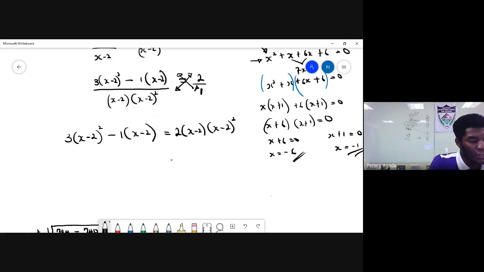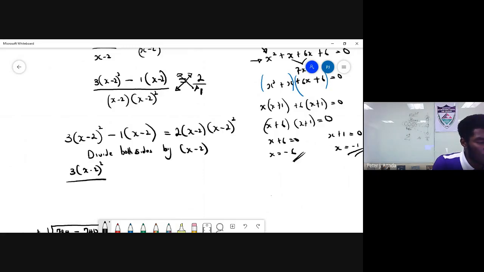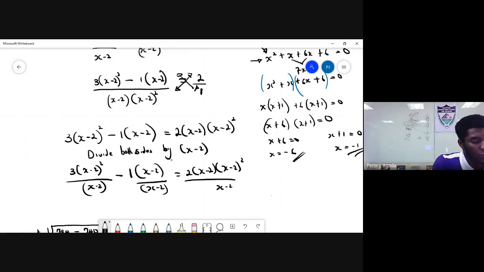Now, as we can see from both sides, we can actually remove something. So what if we divide both sides by x minus 2, which is common to both sides. So that means we can have 3 times x minus 2 squared divided by x minus 2, minus 1 times x minus 2 divided by x minus 2, and our right side x minus 2 squared divided by x minus 2.